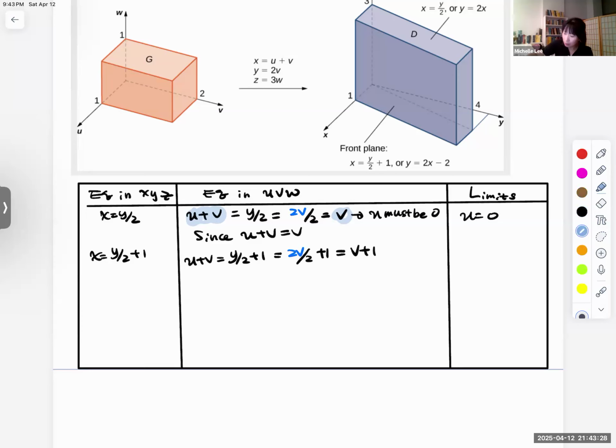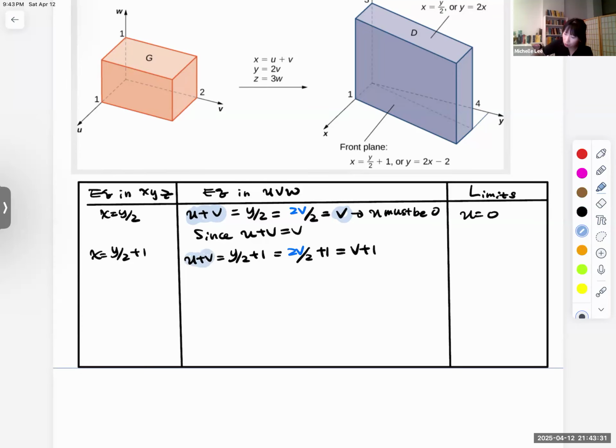Now we have u plus v equal to v plus 1, and v equal to v, so u must be equal to 1. Make sense?